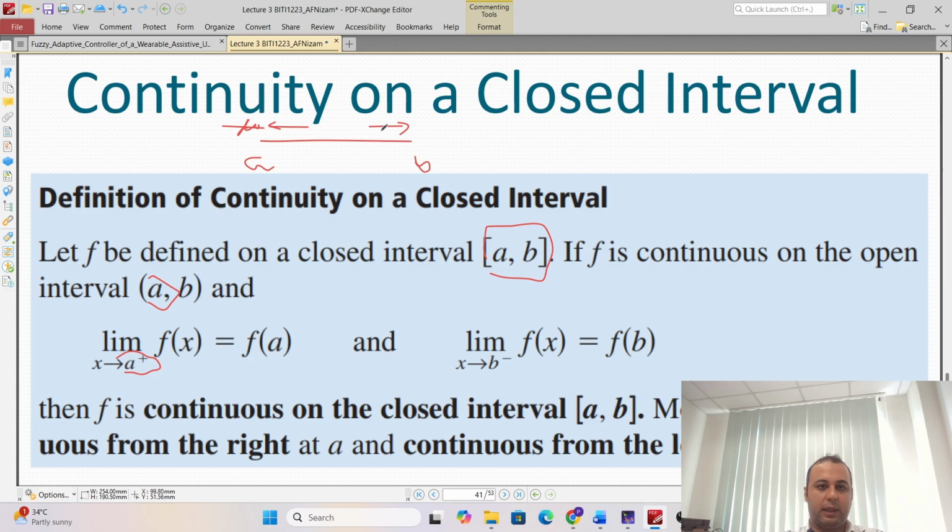This one is the right-hand limit and this one is the left-hand limit, right? So this one is a plus, right-hand, and this is a minus, left-hand.